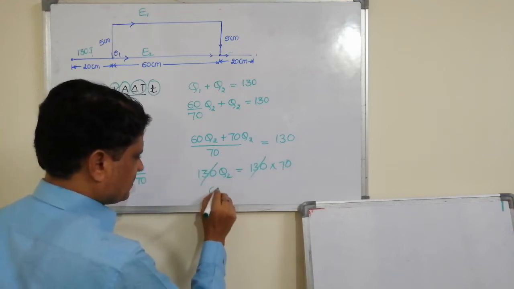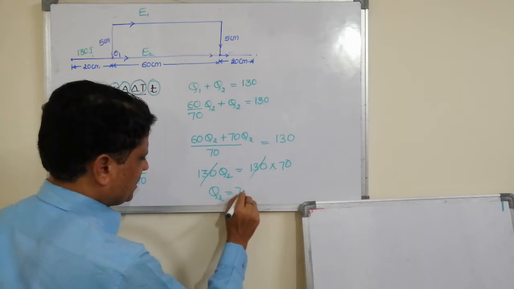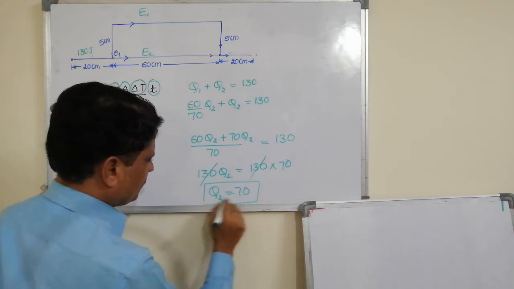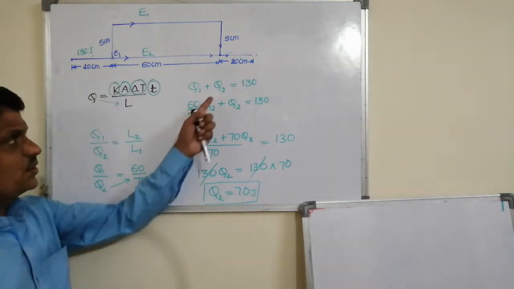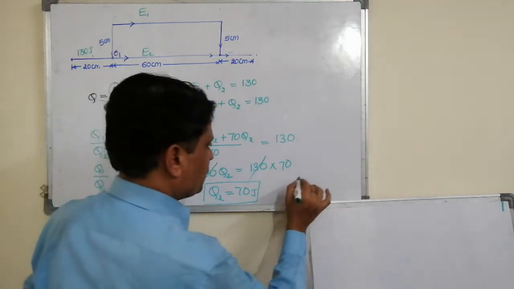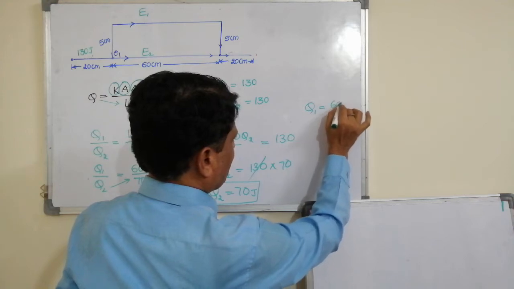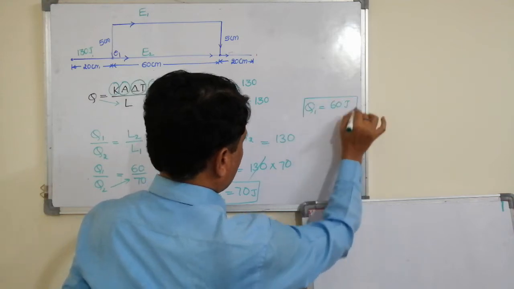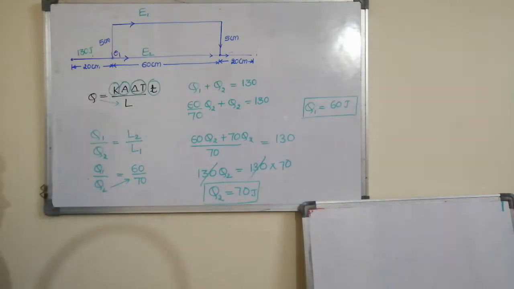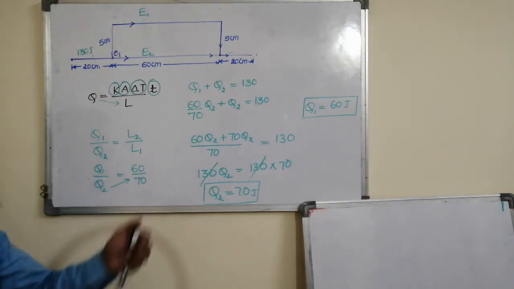This gets cancelled. Q2 is equal to 70 joule. If Q2 is 70, then you can substitute and simplify to get Q1. That will be 60 joule. Okay, note down this.